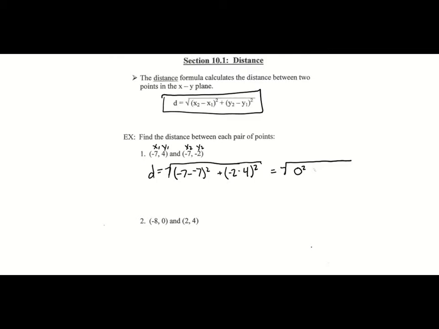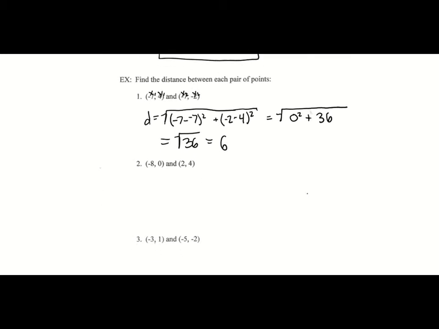So we have 0 squared plus -2 minus 4, which is -6. -6 squared is 36. And then that gives us the square root of 36, which is 6. So the distance between these 2 points is 6.